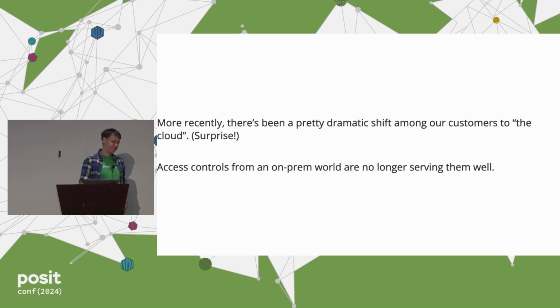But over the last 5 years or so, because everything is slow in enterprise, we've seen a pretty dramatic shift among our customers to the cloud. Surprise. And a lot of the fairly simple access control mechanisms and credential paradigms that worked in this on-prem context have not served folks well in this brave new cloud world.